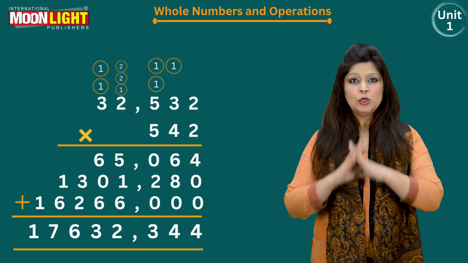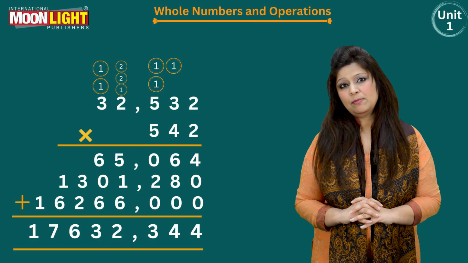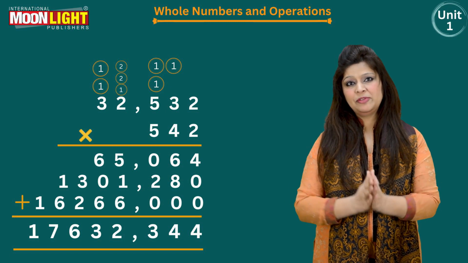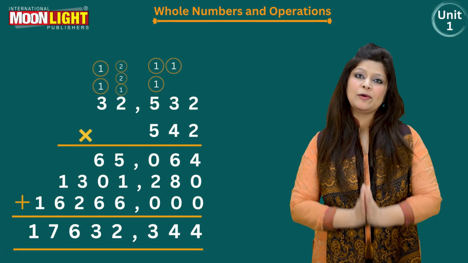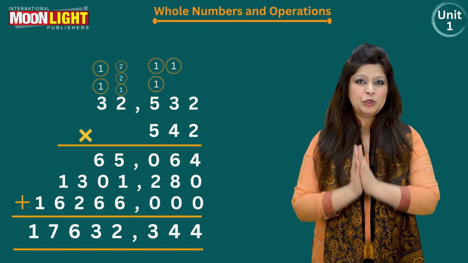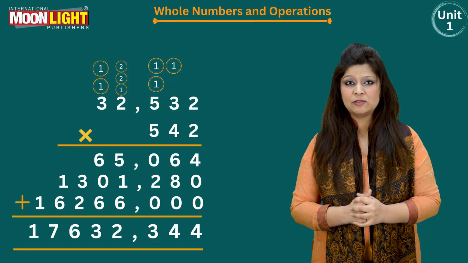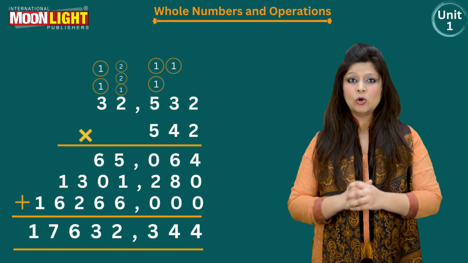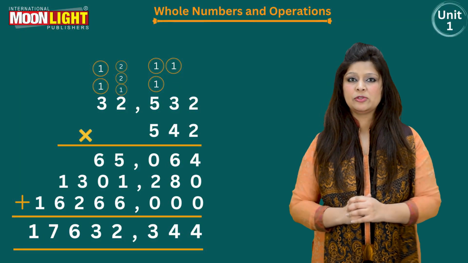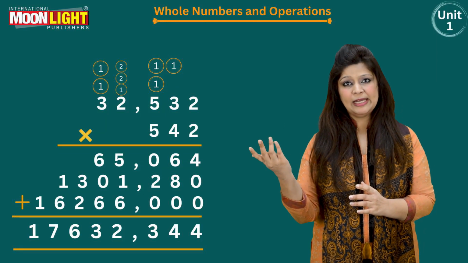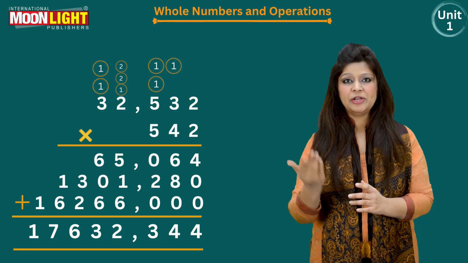My dear students, when you have done multiplication, addition, these kind of steps, you need to remember one thing, which is you need to write down the commas according to the International Place Value System. So, you know it. We are going to start from my right hand side and we'll count 3 digits.